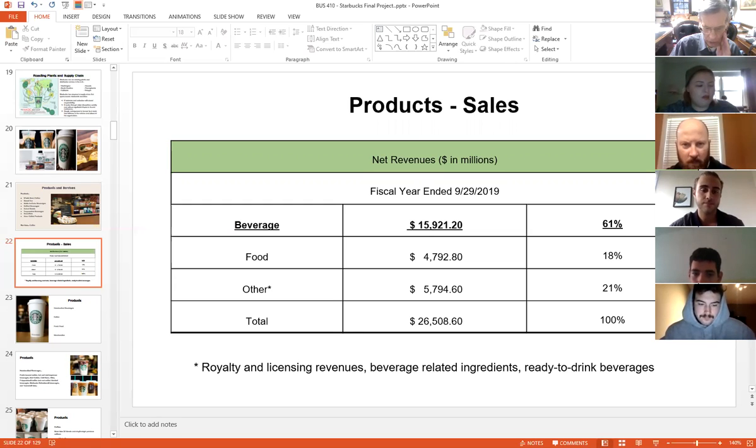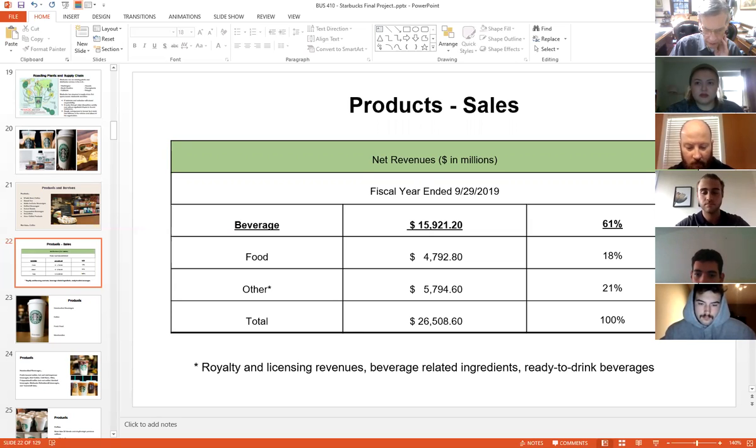Okay, so what's interesting here is that the 61% is probably a little lower than you and I would expect. It's still $16 billion out of 26 billion, but there's $10 billion of other stuff, half of which is food.